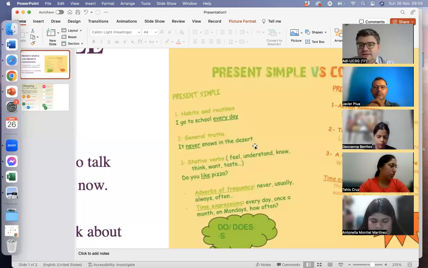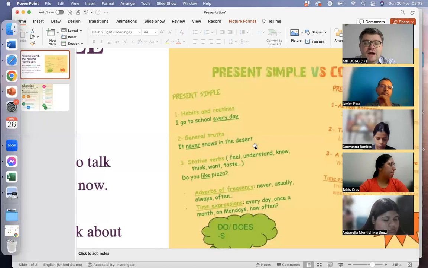That's my routine, my habit. That is something that I do again and again. You don't have to do it every day. You don't have to do it twice a day for it to be your routine, correct? You can do it once a month. I go to Quito. Again, my routine is that every single month I go to Quito, and so on. So that's when we use present simple.